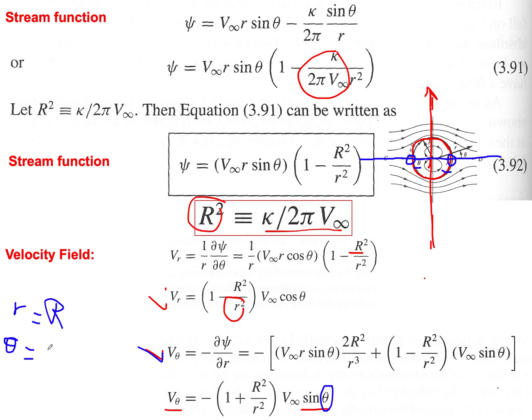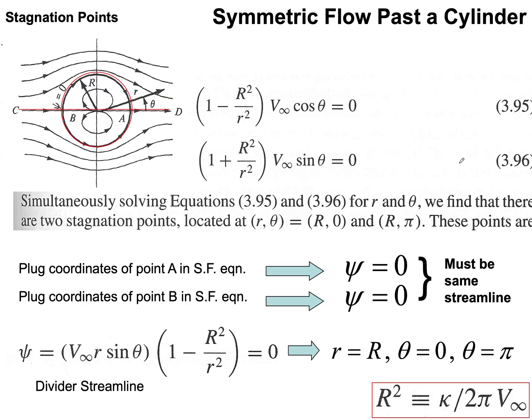That's point number 1, which is this point right here. And the second stagnation point is r equal to capital R and theta equal to pi. So this gives us the two stagnation points, and the stagnation line runs through them. So I have a stagnation point upstream of the cylinder and downstream of the cylinder.